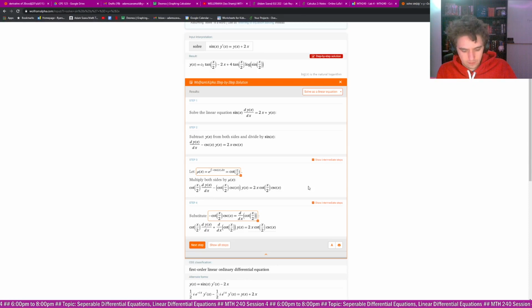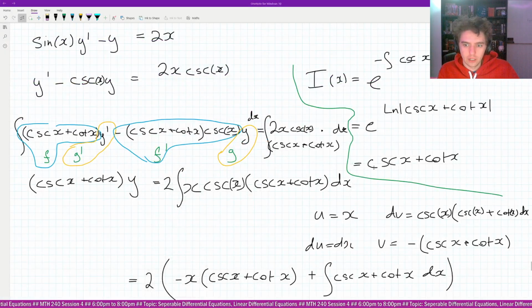Oh yeah. I'm just gonna try something. No, isn't that what we had? Their integrating factor is cotan of x over 2. We have cosecant x plus cotan x. But it's not different. They integrated the same thing.